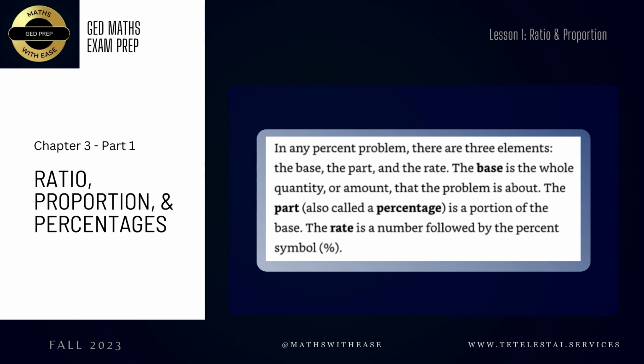Again, in any problem that's involving percentages, you'll have 3 parts. You'll have your base, which is the whole quantity. You'll have your part, which is a portion of the whole, and then you'll have the percentage. Let's say we went back to our example of quarters, and let's say you had 4 quarters on a table.